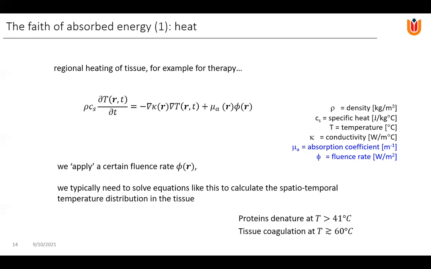You could take a laser and focus it into a very narrow spot, which means that you would deliver all the energy there, and most of the energy would be converted into heat there. Or you could have a much broader illumination profile over a lot of tissue.